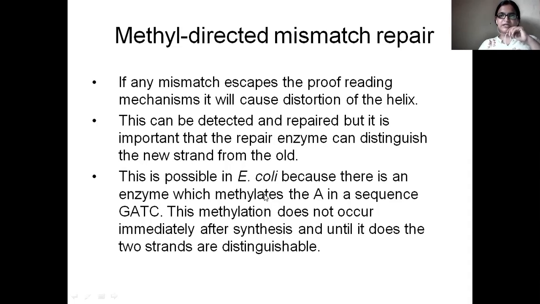In the E. coli system there is a methylation process. When the replication is completed, after some time there will be methylation on the sequence GATC. This GATC sequence will be repeated in every DNA molecule at a particular distance, and wherever adenine is there in this sequence, that adenine will be methylated.